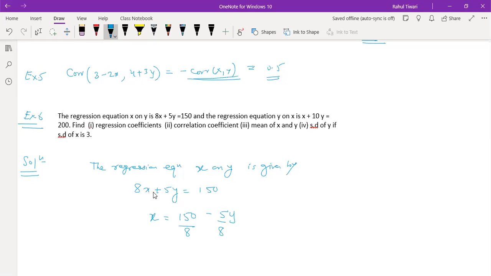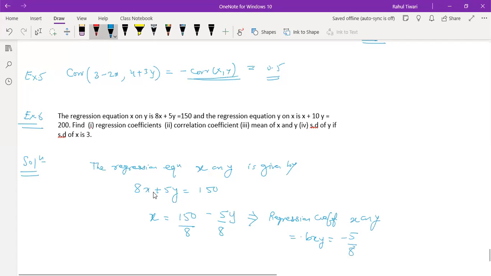Have you understood? Go to chat box and write down. Because we are interested in x on y, we have written x on the left hand side and put everything else on the right hand side, and this will give us the regression coefficient x on y, which we usually say bxy, which comes out to be minus 5 by 8.